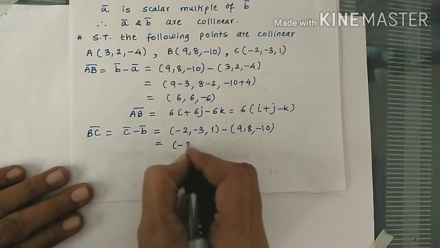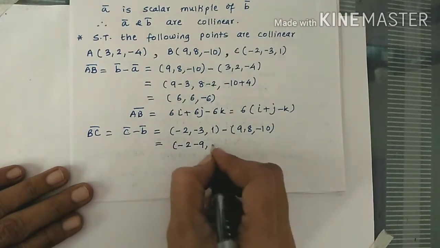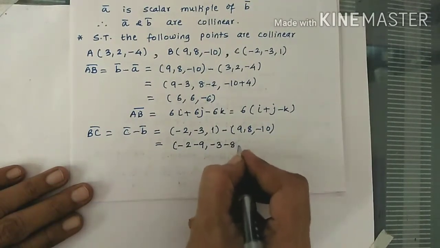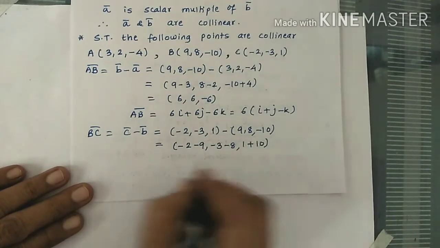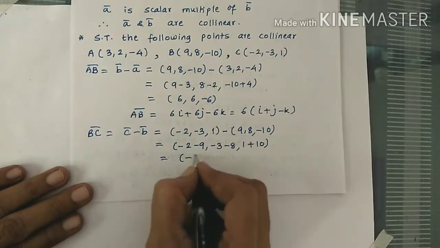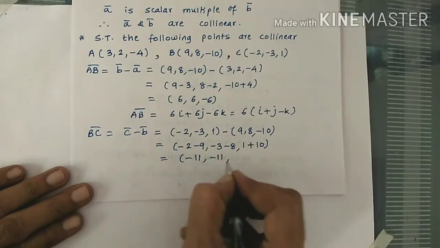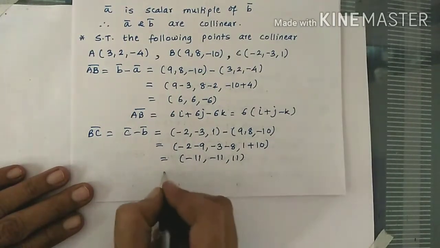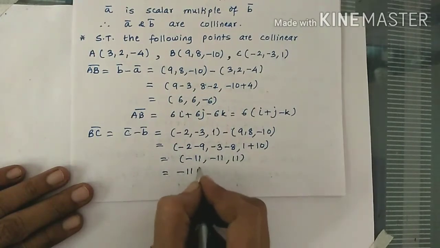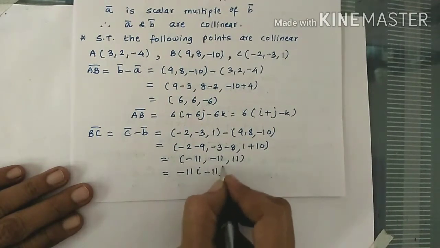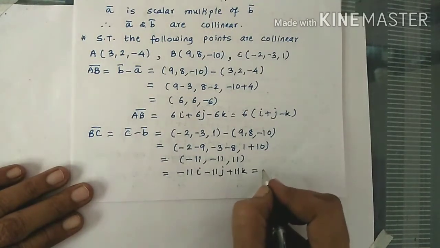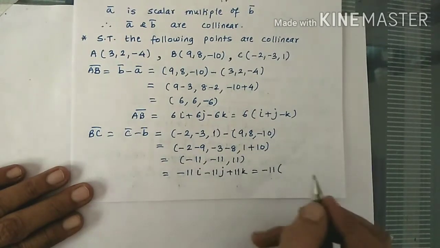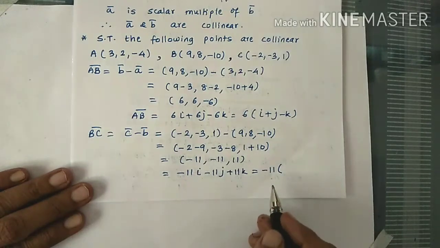So here now we have minus 2 minus 9, minus 3 minus 8, 1 minus minus 10, that will be 1 plus 10. So we have minus 11, minus 11, 11. So that is minus 11i minus 11j plus 11k. So taking minus 11 common. Now why are we taking the minus sign common?